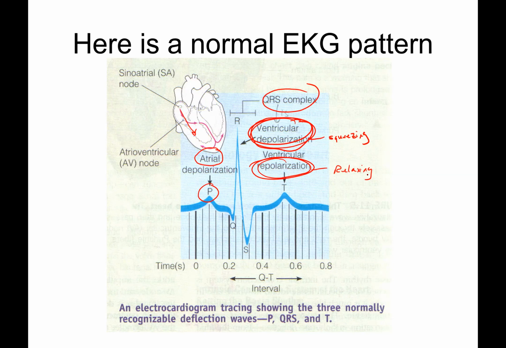If the atria are relaxing, that means they are filling with blood. If any of those chambers are contracting, that means they are ejecting blood. So if the atria are contracting or depolarizing, that means they are getting rid of blood. If the ventricles are depolarizing, which means they're squeezing, which means they're contracting, that means they are ejecting blood.